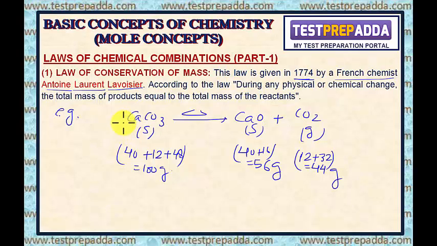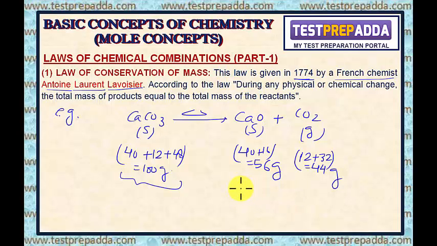Now, as per the mole concept, we say one calcium carbonate gives one calcium oxide and one CO2. And mass wise, 100 gram of calcium carbonate gives 56 gram of calcium oxide and 44 grams of CO2. Now 100 gram is the mass of the reactant.